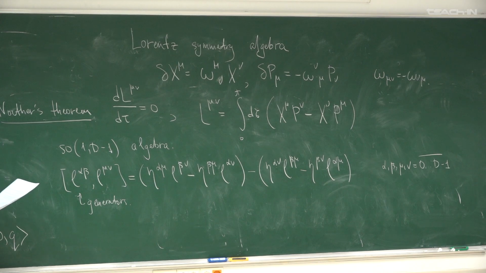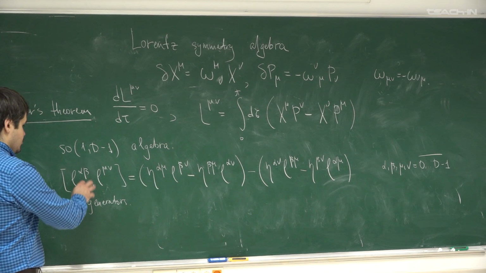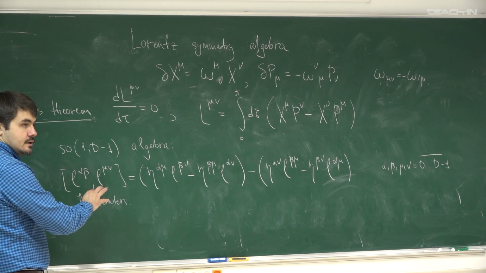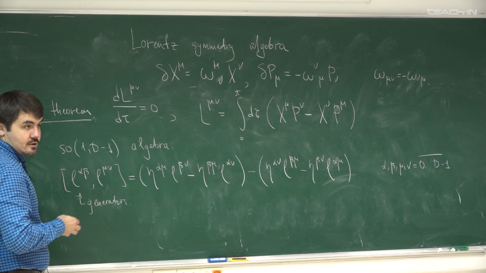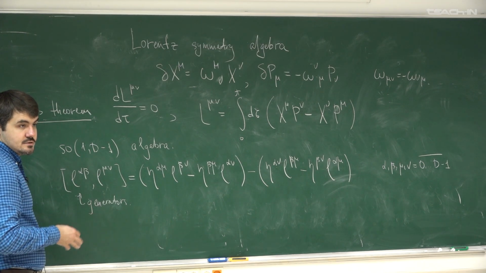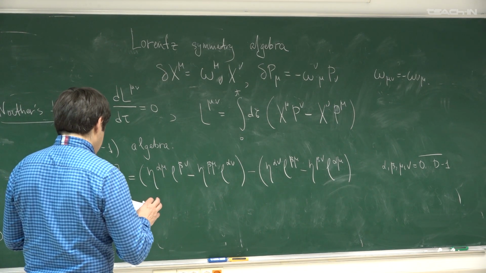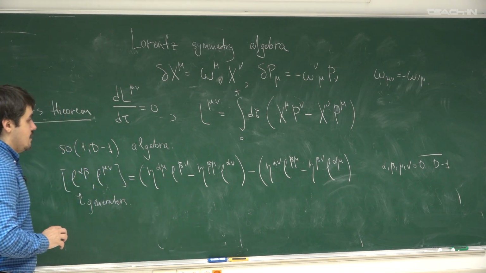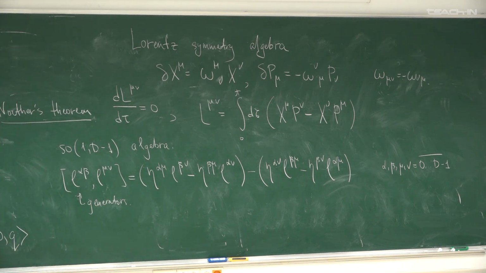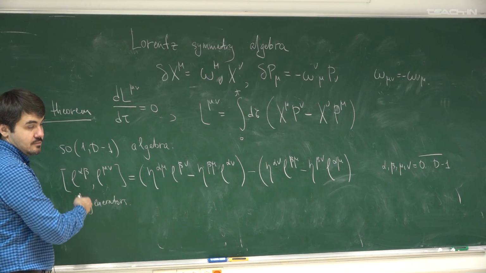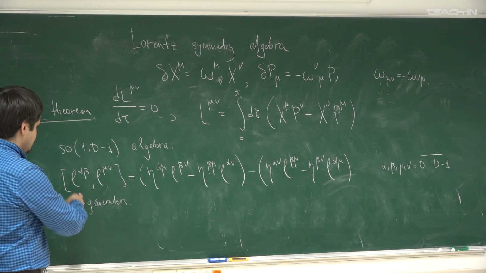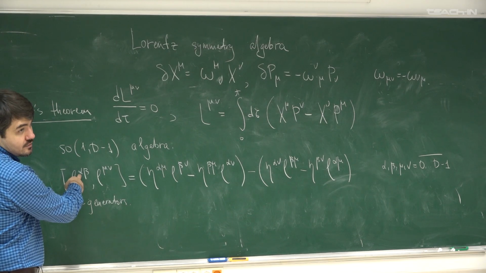And we'd like to look at those generators related to the light cone directions, because the transverse directions will work pretty easily. The ones that might be not so trivial are the ones that involve the light cone directions, that means plus and minus. So we need the generators that have plus and minus indices.